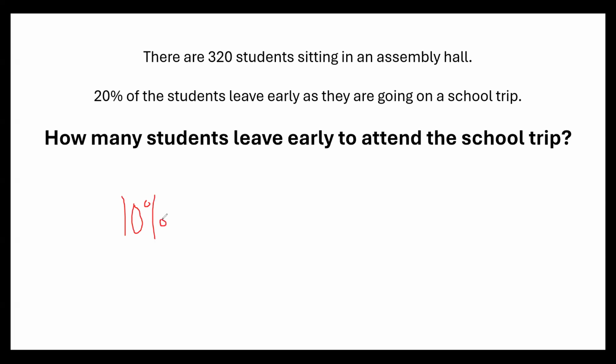You're correct. So if we find 10% of 320, what's the answer? 32. Good. Not 32%, 32. Fantastic. All right, so we've got 10%, 32. What do we do now? Now you need to double 32, times 2, because it's asking for 20% and the answer would be 64.